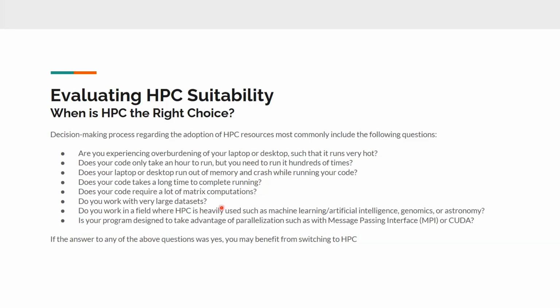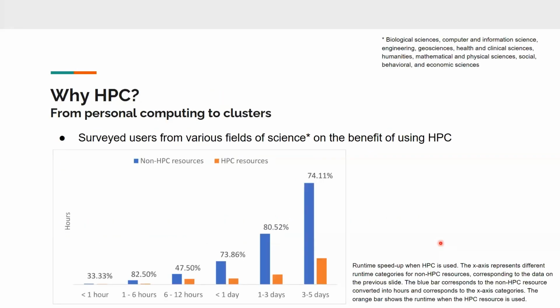If you have a lot of matrix computations, there's a lot of specialized hardware that excels in these matrix computations. ML and AI is another area, as I've mentioned before, but also genomics or astronomy are other areas where HPC is used a lot. So that same survey that we did earlier, we asked the same users, when they went from non-HPC to HPC, what kind of speedups they saw.